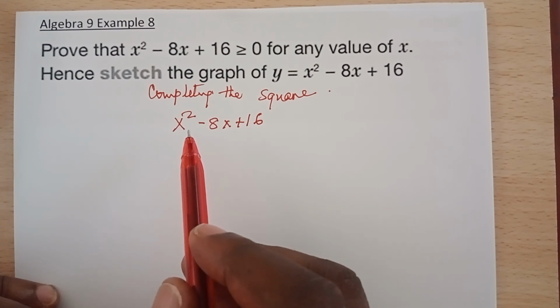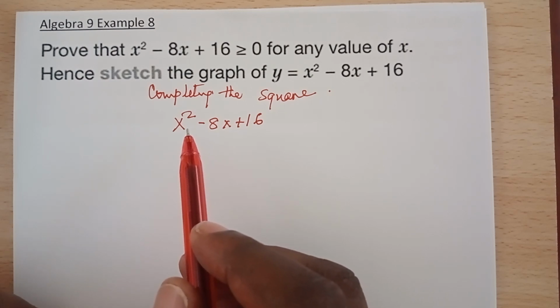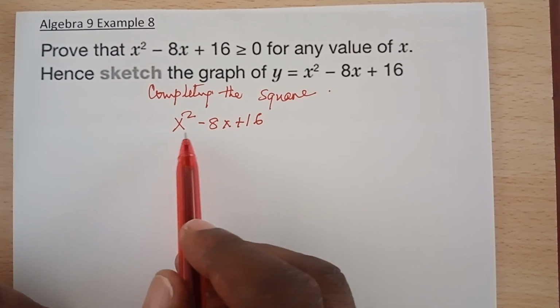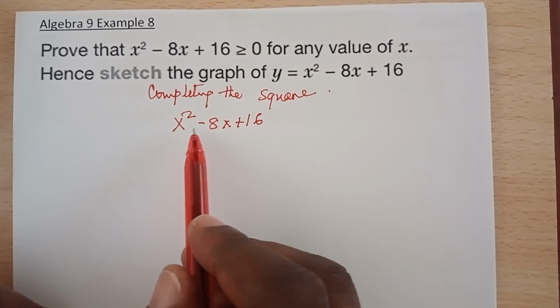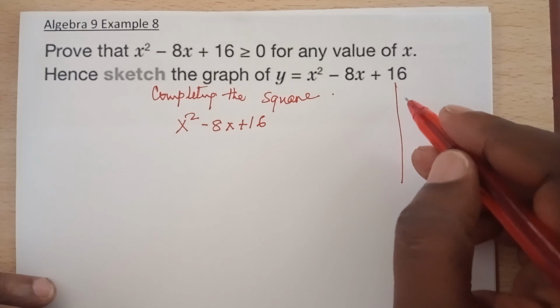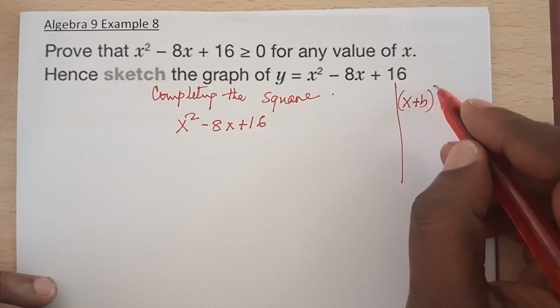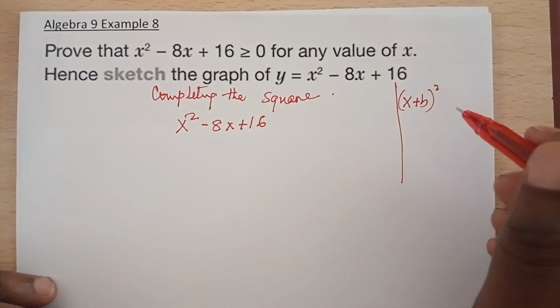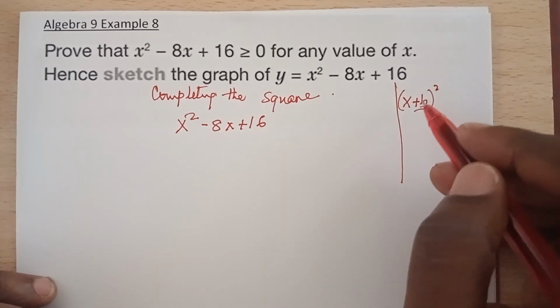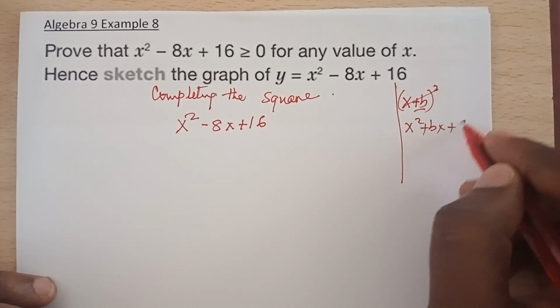One condition that we must remember when we complete the square is that the coefficient of x squared has to be 1. The completing the square method is for when we have x squared plus bx plus c.